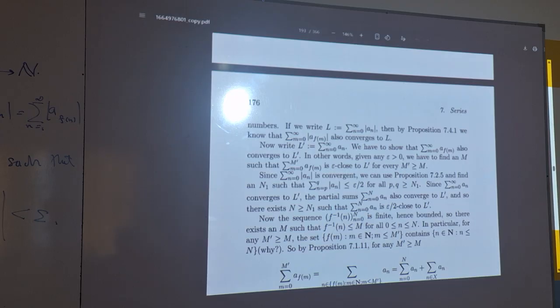I'm not good at following others' groups. In particular, for any capital M dash greater than or equal to M, it says contains. So yes, that set contains the other, not contained in.